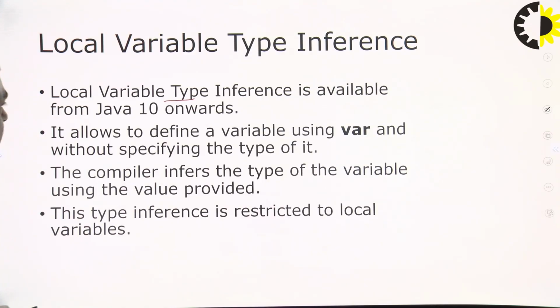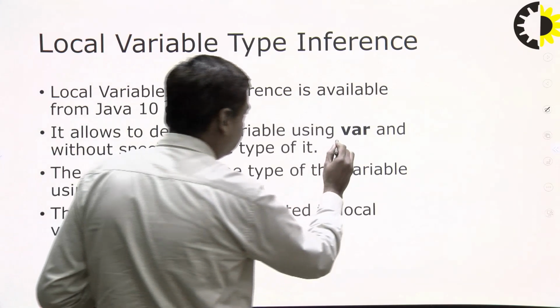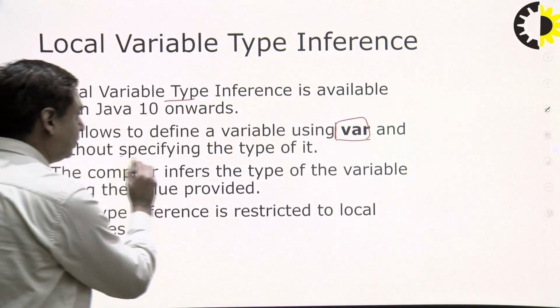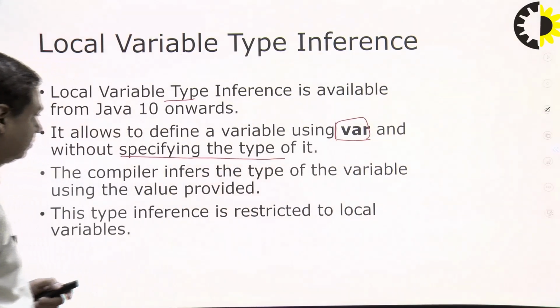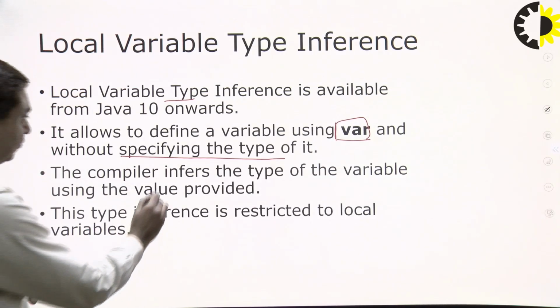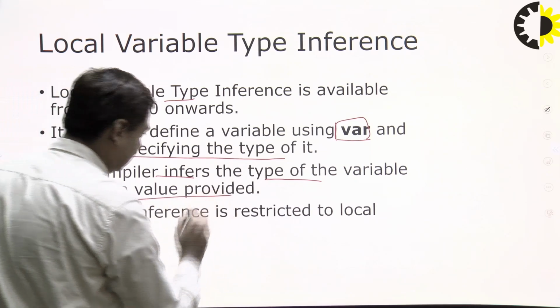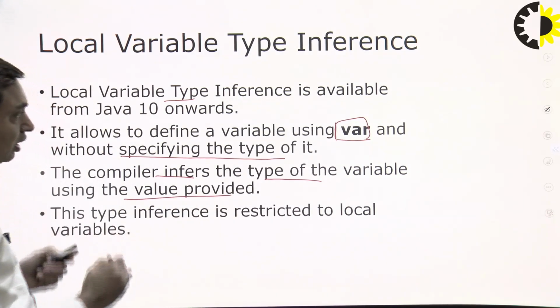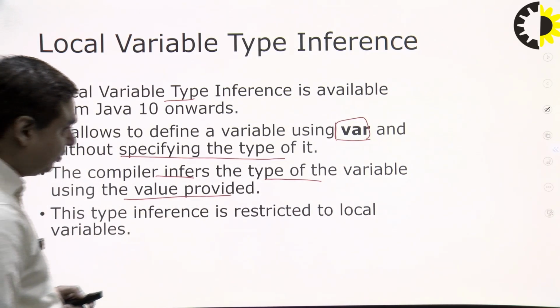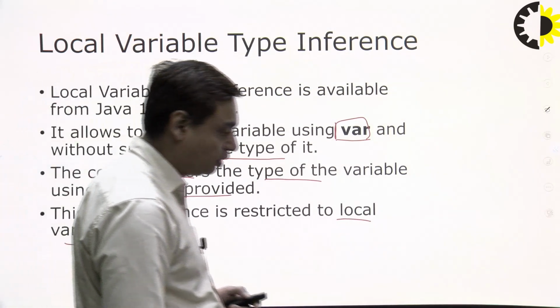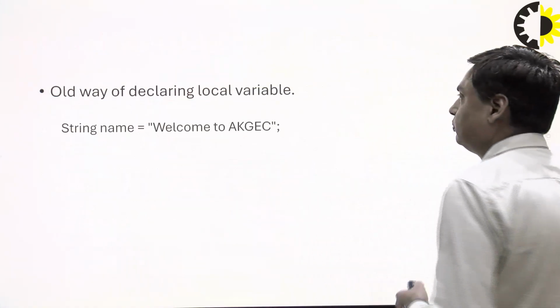It allows you to define a variable using var, without specifying any type. The compiler infers the type of the variable using the value provided, but this facility is available only to local variables, not to global variables.